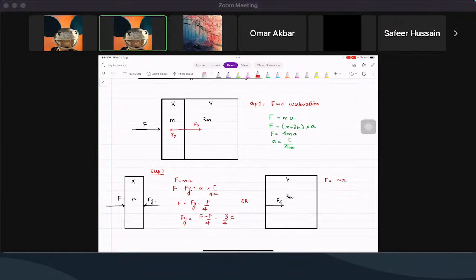There's only Fx. The mass of y is 3m, and the acceleration is F upon 4m. M and m will cancel out, which will leave us with 3 by 4F, which is the same as Fy because they are action-reaction forces. Is it clear? Any questions? Let me know.